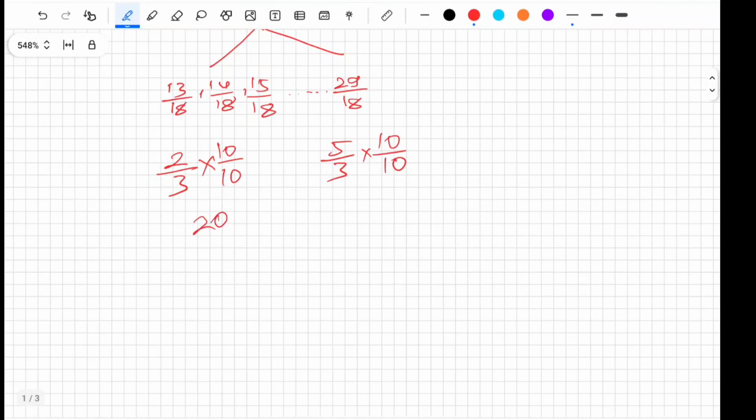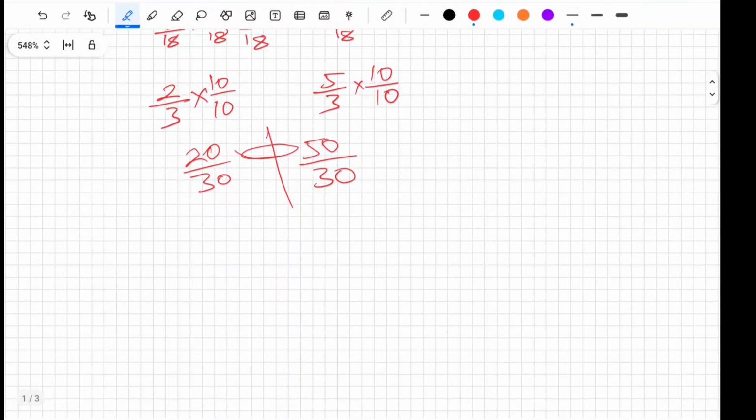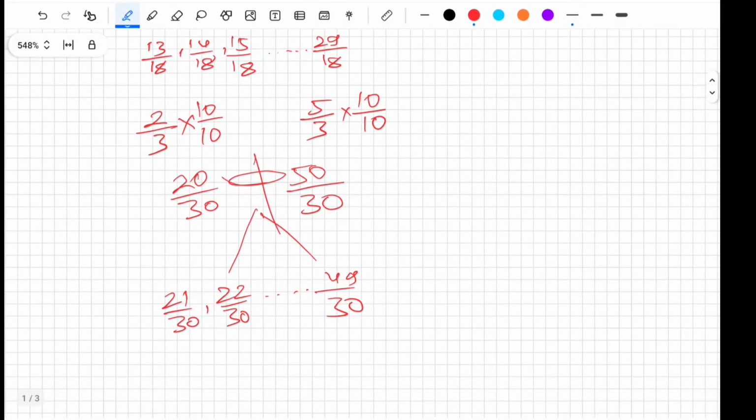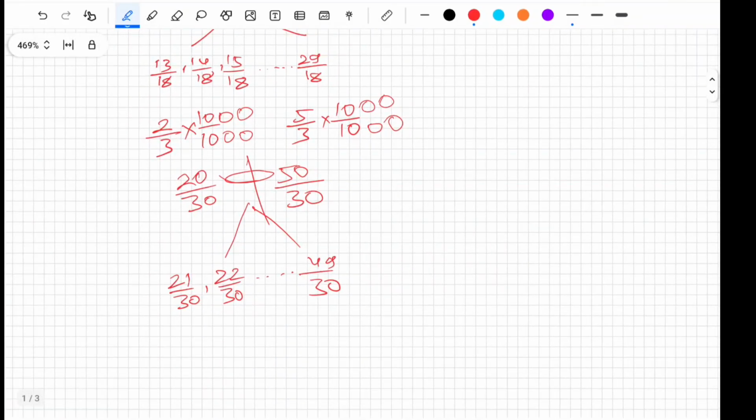So you will get 20 by 30 and 50 by 30. So you have around 29 numbers in between. What will those numbers be? 21 by 30, 22 by 30, and so on till 49 by 30. If you want additional numbers, you can multiply by 100. If you want 1000 numbers, you can multiply by 1000 and you will get as many numbers as you want.